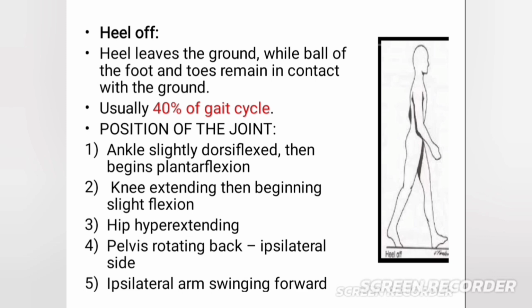In the heel off phase, the ankle will remain in slight dorsiflexion, and after that it begins plantar flexion, your knees extending, then beginning slight flexion, your hip hyperextending, pelvis rotating backwards on the ipsilateral side, and ipsilateral arm swinging forward. So these are the joint positions during heel off.